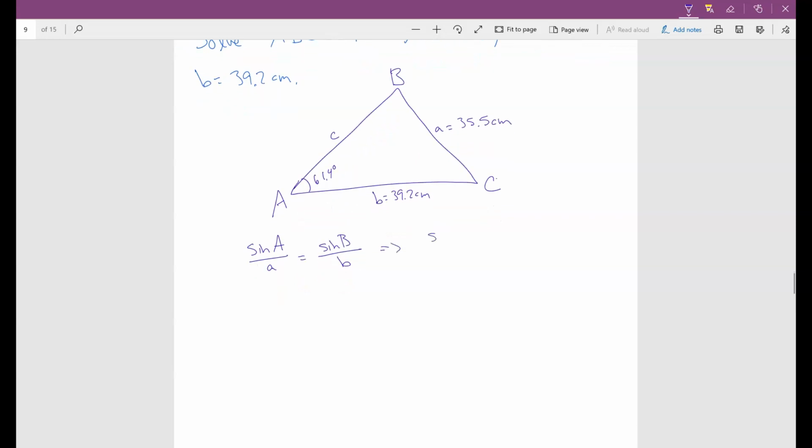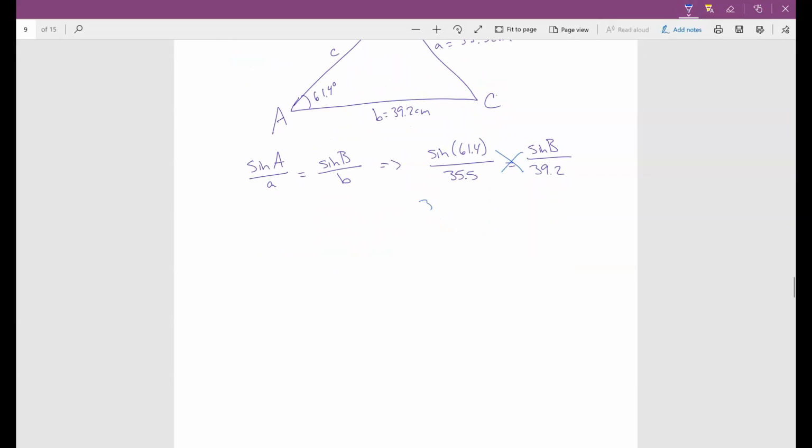So this is going to give me sine of A, which is 61.4 degrees, divided by little a, which is 35.5, is equal to the sine of B, which I don't know what that is, divided by 39.2. So now let me cross multiply. I'm going to have 39.2 sine of 61.4 is equal to 35.5 sine of B. So now let's divide by this 35.5.